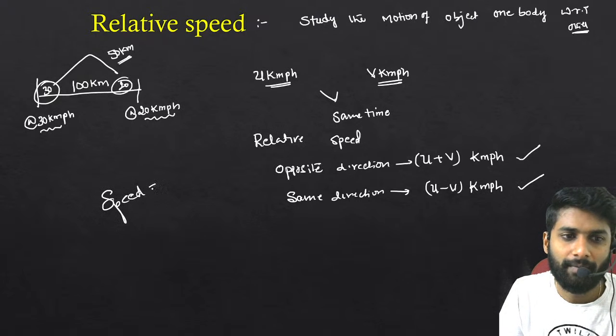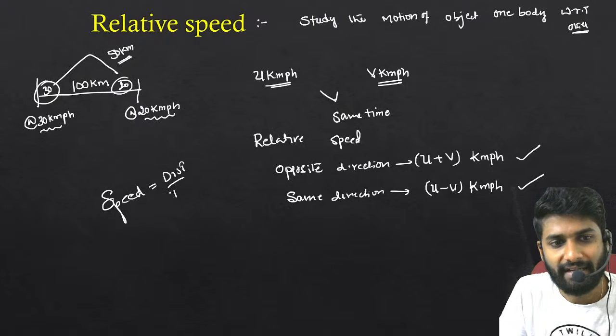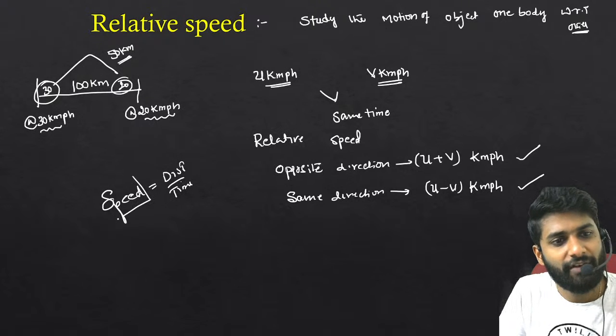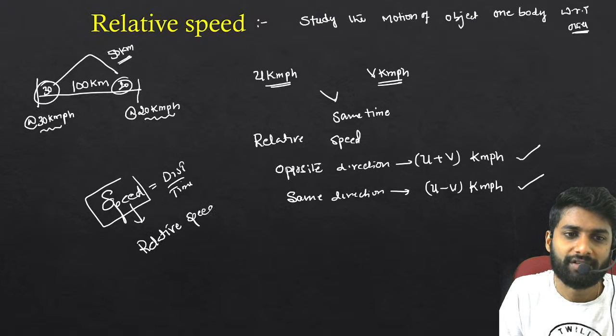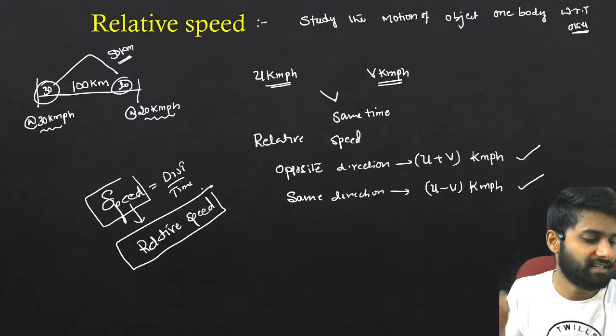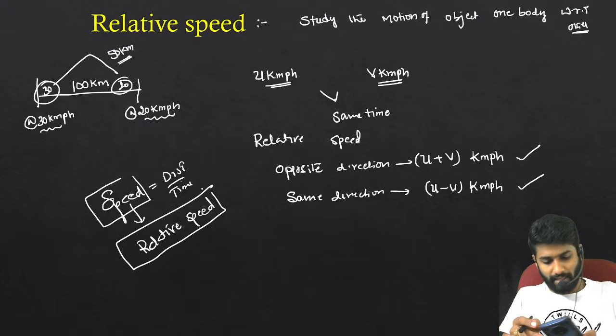Speed is equal to distance by time. If the question relates to two different speeds, you can convert them into a relative speed. So that is concept number 3. Is the concept clear? Guys, if you are good at the concept, then you can easily solve the questions. That's why every time I mention the concept.